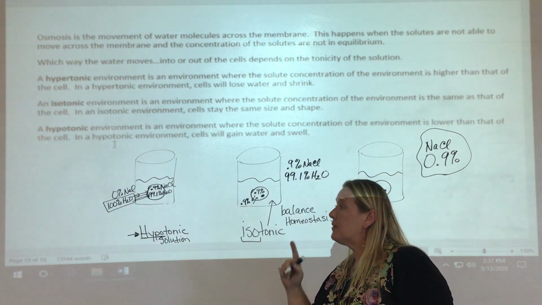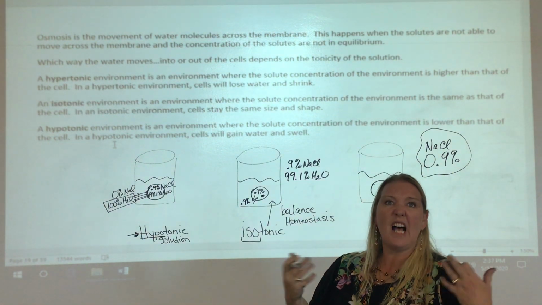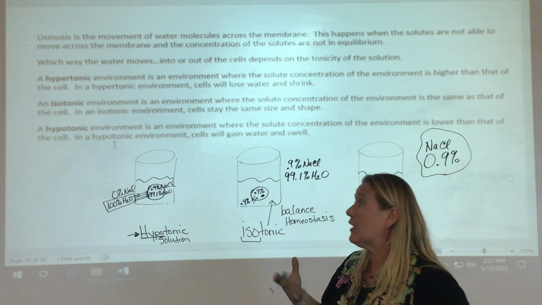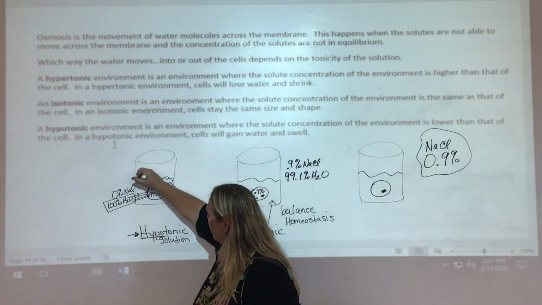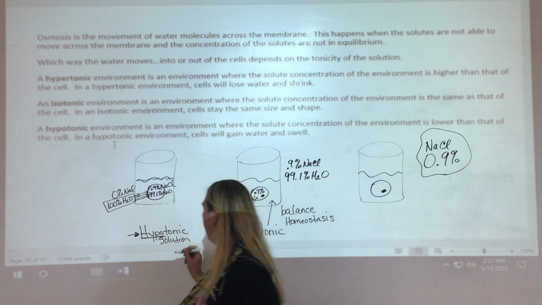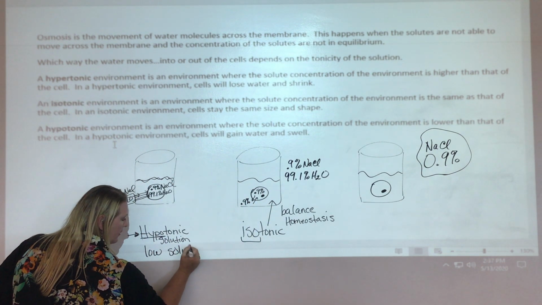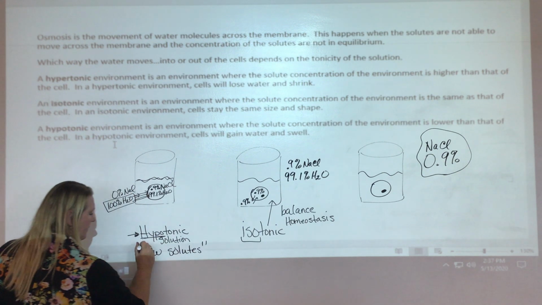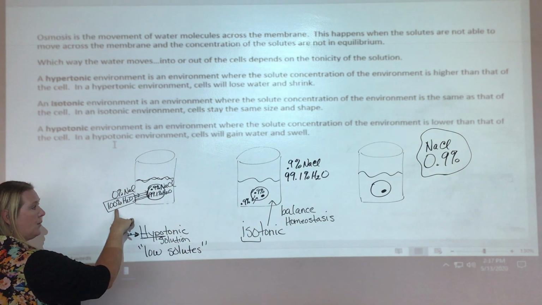Hypotonic. Hypo talks about the amount of salt in the solution, or solutes in the solution out here, in this liquid. Hypotonic has low solutes. 0.